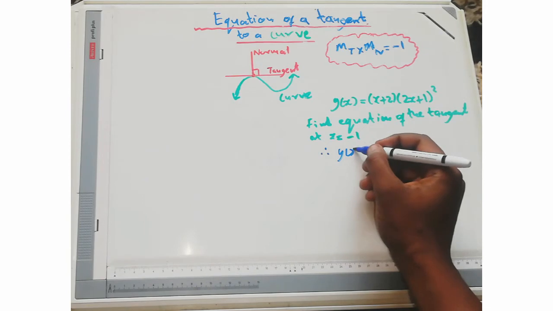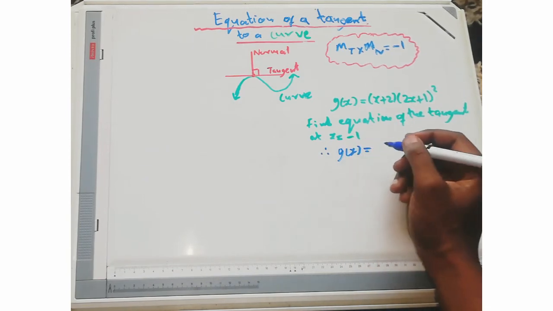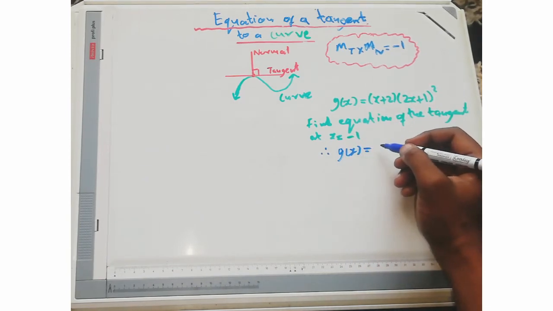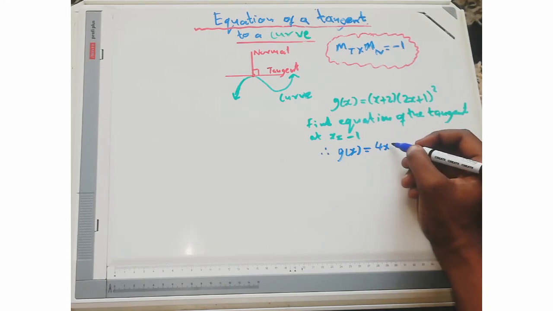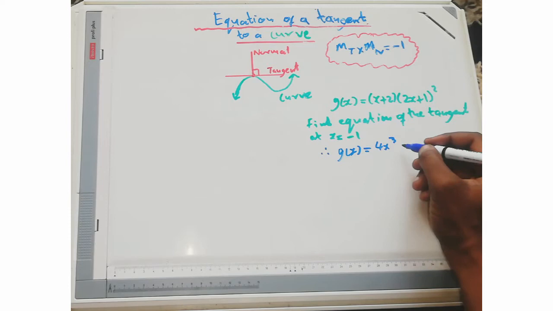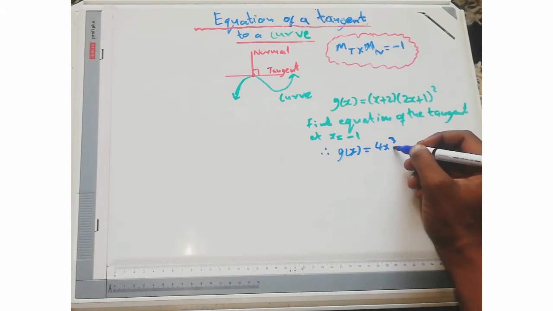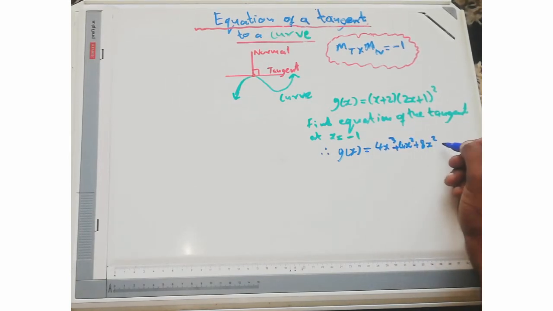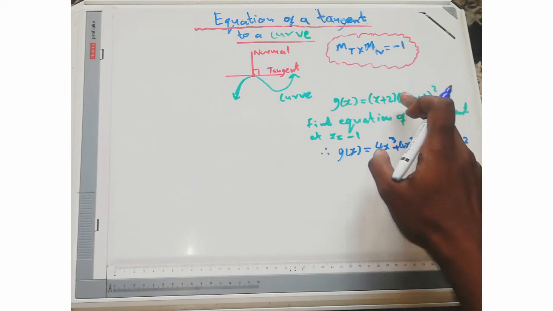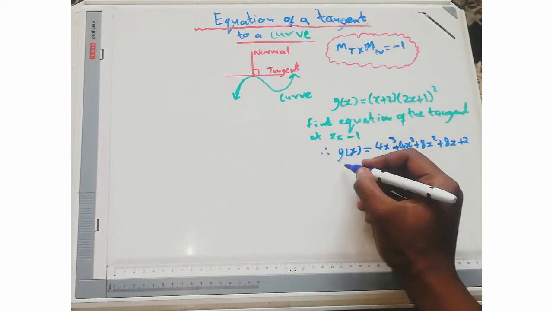So this can be written as g of x equals 4x^3 + 4x^2 + 8x^2 + 8x + 2. That's what you'll get after expanding that.